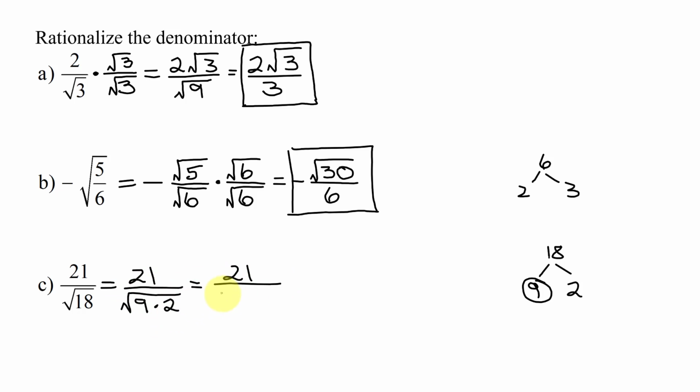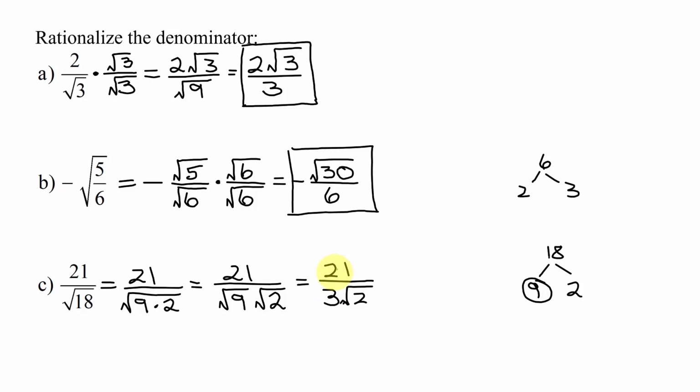which is 21 divided by, using the product property of radicals, in the denominator I have the square root of 9 times the square root of 2. So I'm going to get 21 divided by the square root of 9 is 3 times the square root of 2 that doesn't simplify. Now, can I reduce this 3 with this 21?